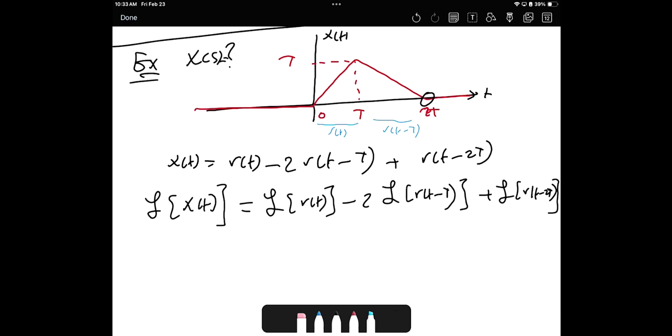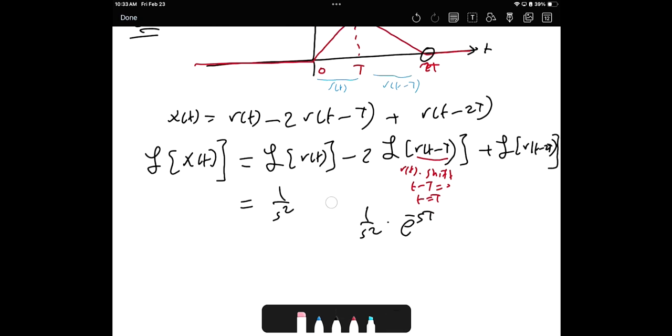The Laplace transformation according to the table that we have is 1 over s squared. For the Laplace transformation of this one, it's actually r of t shifted by T, so t equals uppercase T. So the first thing, r of t, is 1 over s squared times the shift e to the power negative sT. Once here, the shift is T.